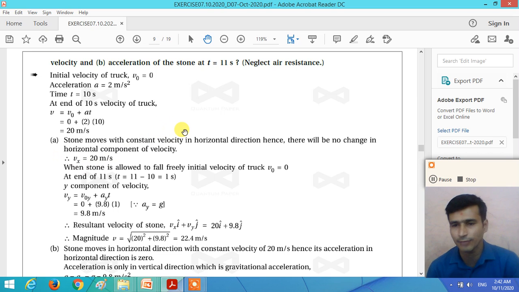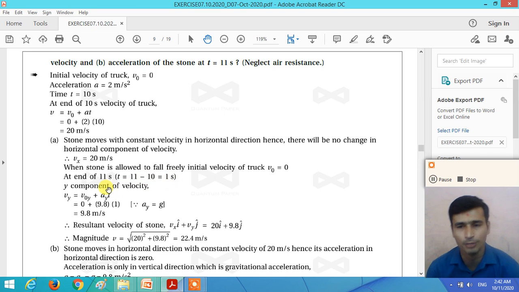In the y direction, the stone will move in the downward direction. When the stone is allowed to fall freely, the initial velocity of the stone v0 is equal to 0. At the end of the 11 second, that means 1 second after the stone is dropped, t is equal to 11 minus 10 is equal to 1 second.